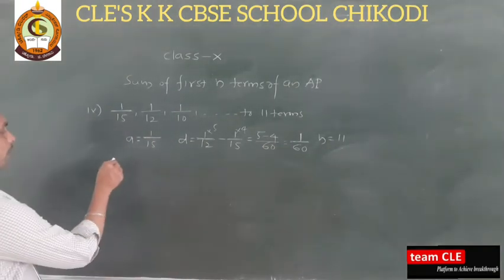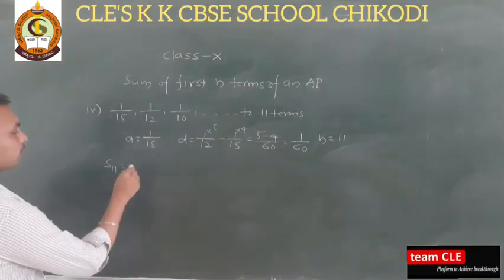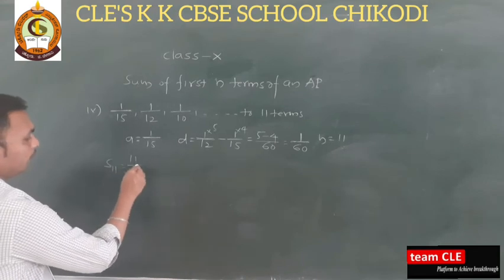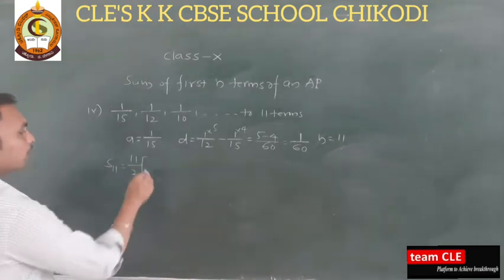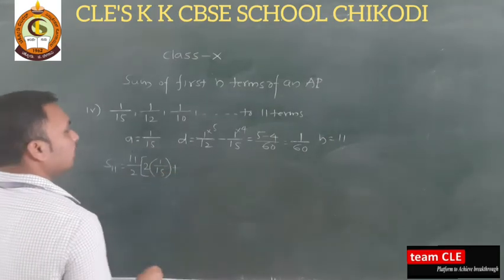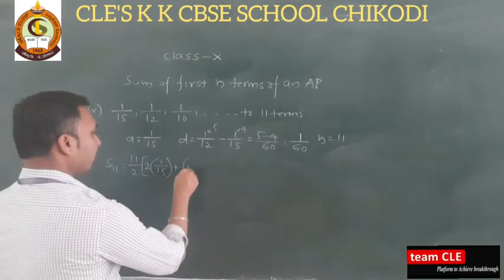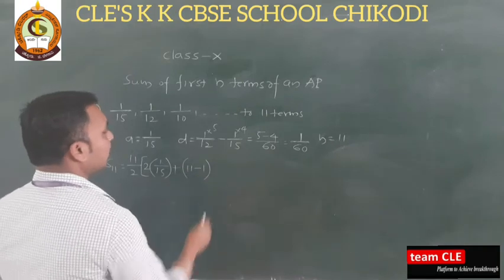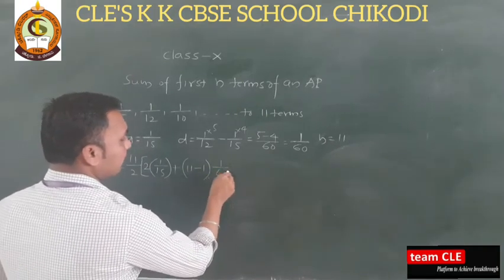Well, now applying the formula, S11 is equal to 11 by 2 into bracket of 2 into A, it is 1 by 15, plus n minus 1. So n we have 11 minus 1 and the common difference we have 1 by 60.